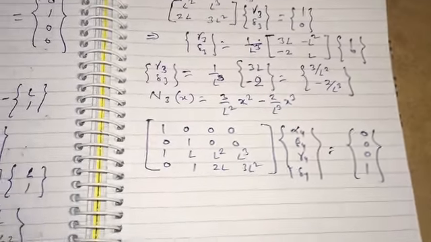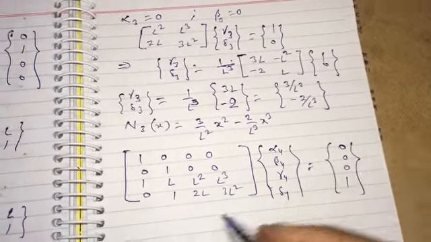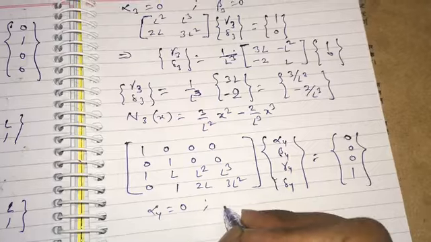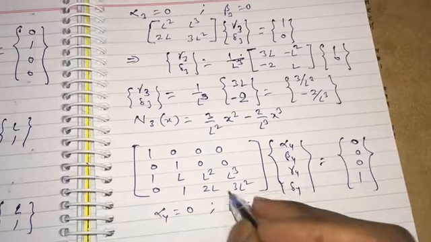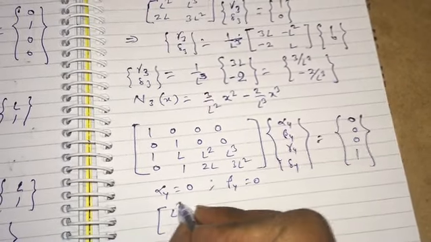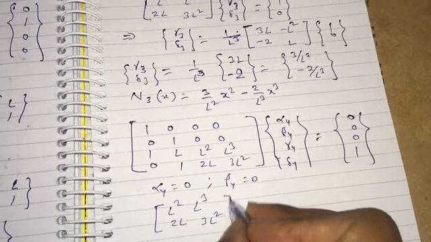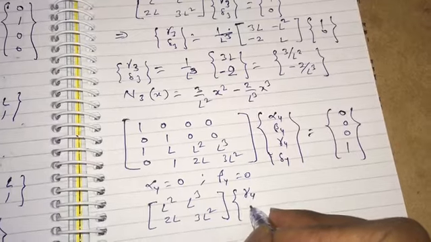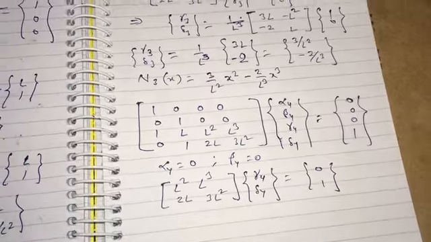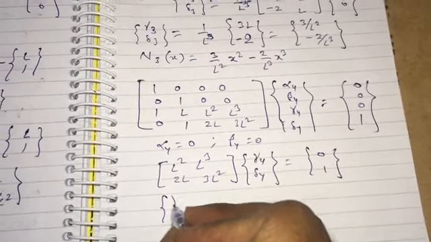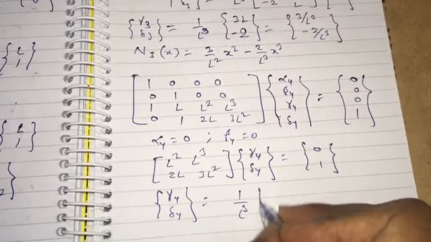Okay. Yeah. Again you can notice here the first equation will give you alpha 4 equal to 0 and beta 4 equal to 0, and the equation will simply be L square, L cube and 2L, 3L square, gamma 4, delta 4 is equal to 0 1, and simply we get gamma 4, delta 4 is equal to 1 over L cube.